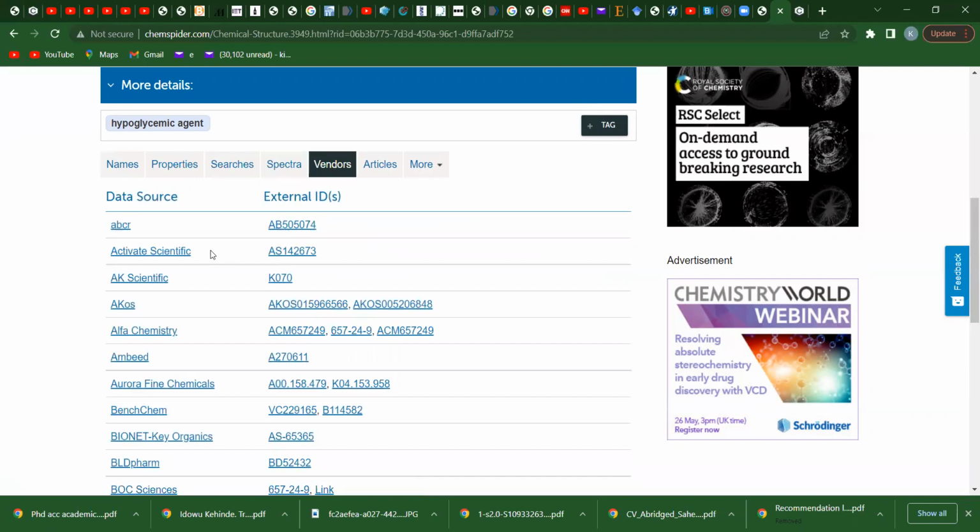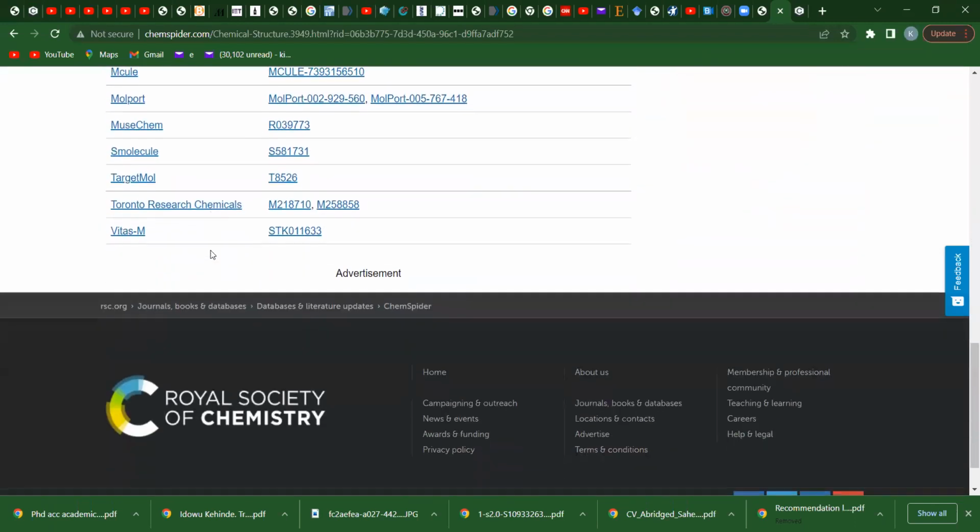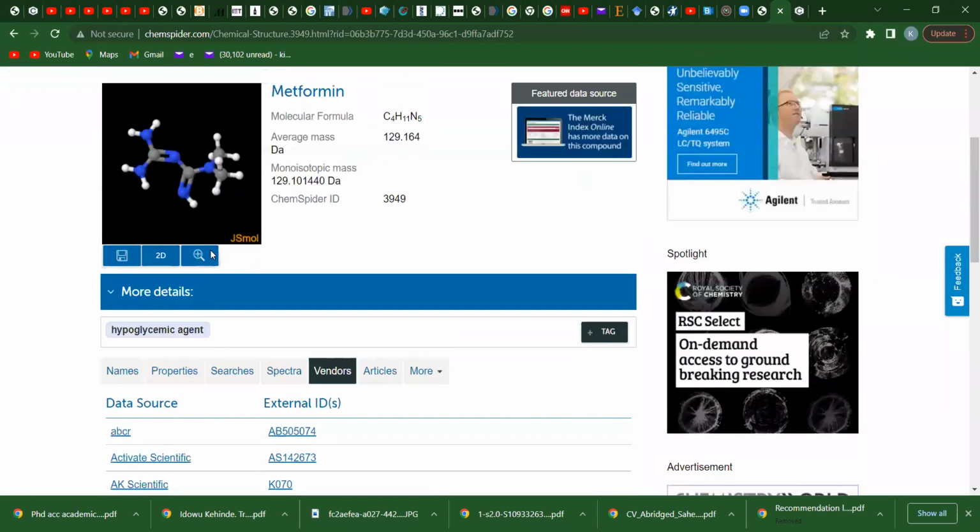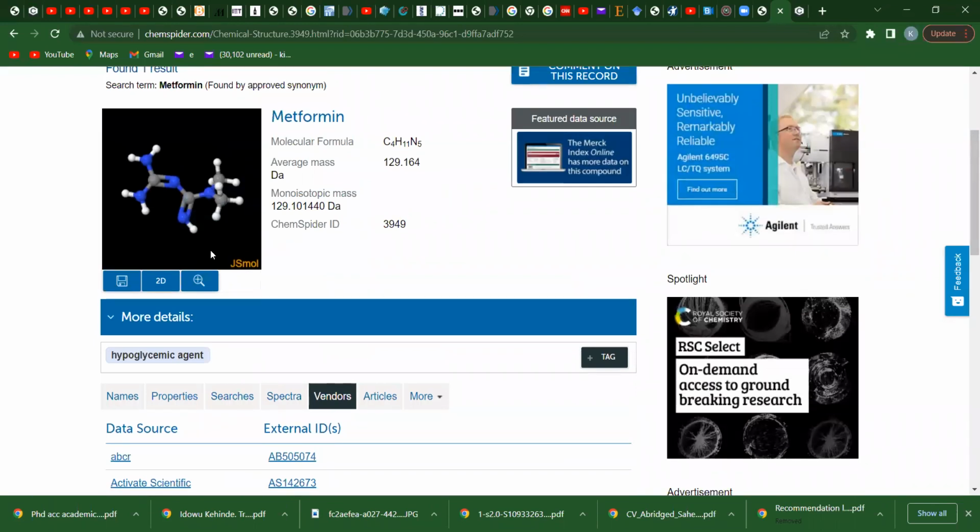Can you see a lot? These are companies that you can get it from. So if you design a drug and find the compound online and you don't know where to get it, these libraries can help you.